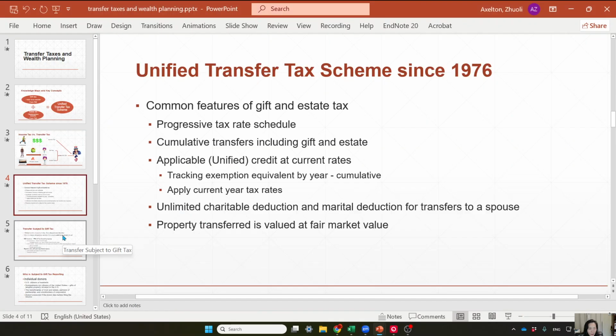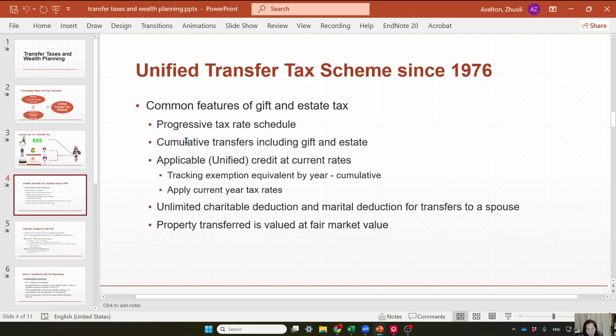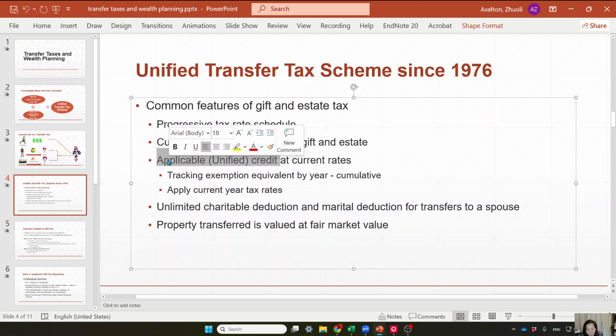Okay, so now let's take a look at some other features. One of the things is the cumulative transfer, including gift and estate. So we're looking at the cumulative transfer, the lifetime transfer, as well as the transfer at the death of the taxpayer. The other thing is the applicable credit. This is a unique concept, applicable credit at the current rates based on the exclusion amount.